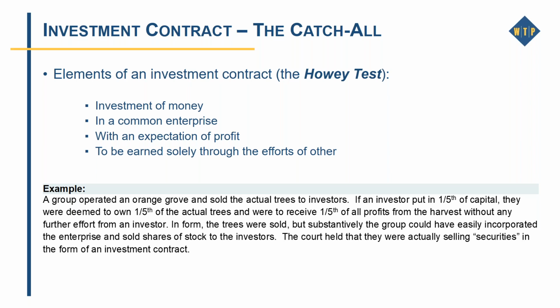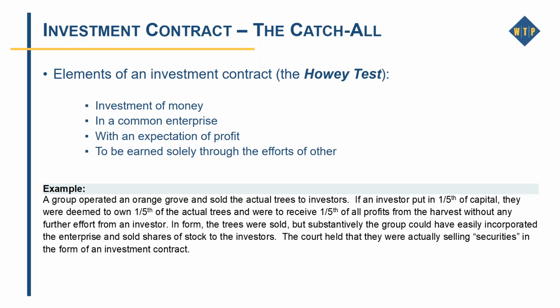Well, looking at the objective of securities law, we want to get people information, particularly when they're not involved in the business. What should an investment contract mean? So there are 4 elements to an investment contract. One is, someone's paying money.